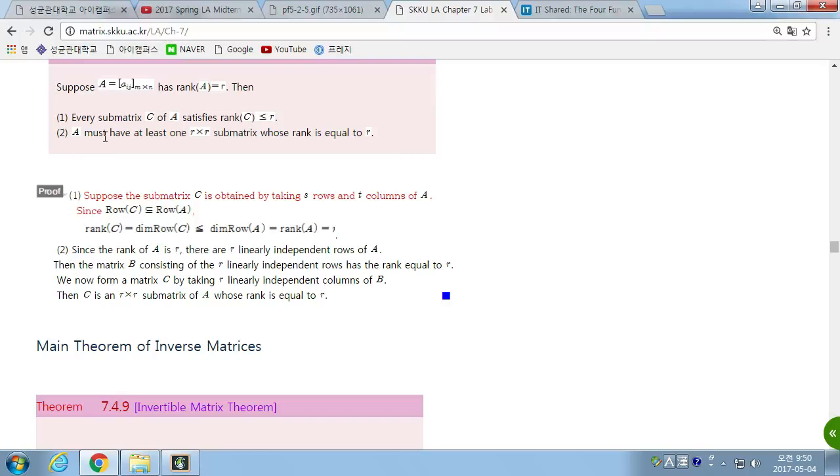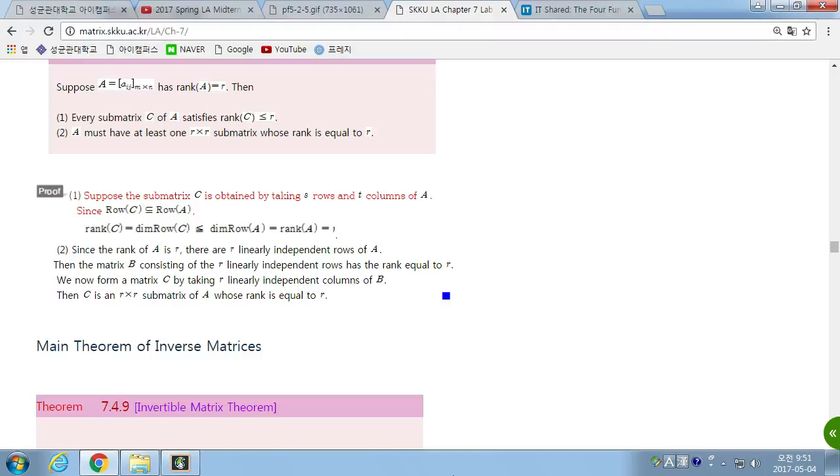Next, A must have at least one R by R submatrix whose rank is equal to R. 그러니까 행렬 A가 랭크가 R이면 RREF 하면 1차 독립인 컬럼들만 구할 수 있죠. 그렇죠? 리딩원이 아닌 불필요한 프리 베리어블 빼고 나면 R by R 매트릭스를 만들 수 있지. 그건 랭크가 R이죠. 그런 서브 매트릭스를 언제나 찾을 수 있다는 소리야.